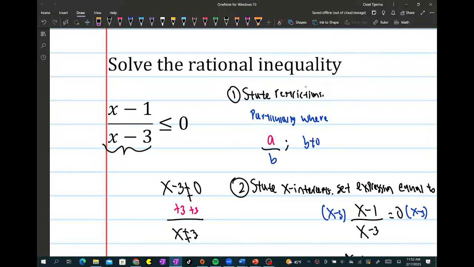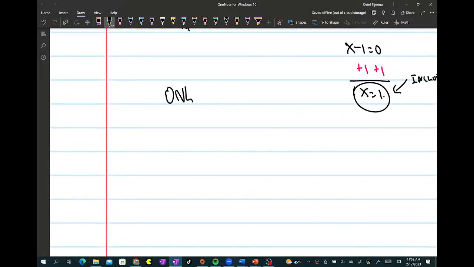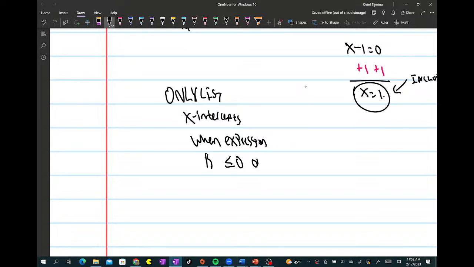If it was just less than, then I would not even be including it. So only list x-intercepts when the expression is less than or equal to 0 or greater than or equal to 0.